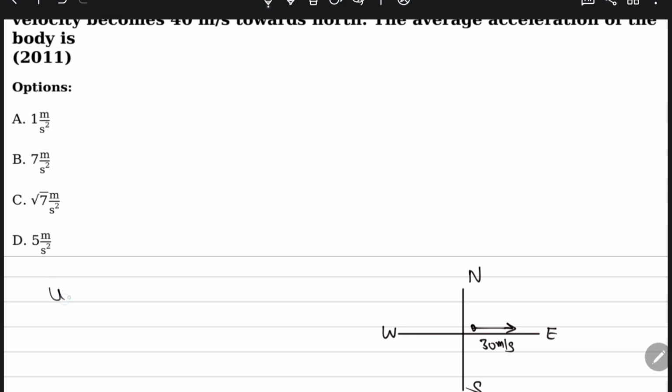This means the initial velocity they have given is 30 i cap, and then their final velocity becomes 40 meter per second in the j north direction.